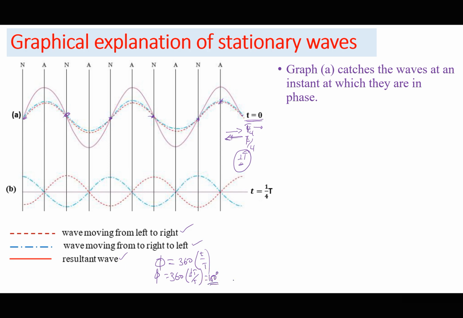So the two particles are now 180 degrees out of phase, and 180 degrees out of phase is called antiphase. So after a quarter cycle, a crest is going to align with a trough. That's why we are seeing a crest aligning with a trough after a quarter of a cycle.